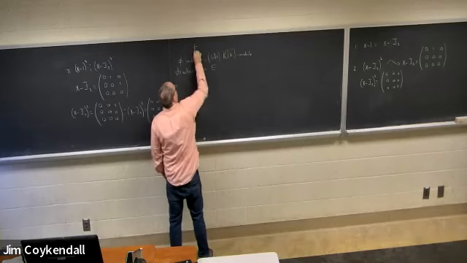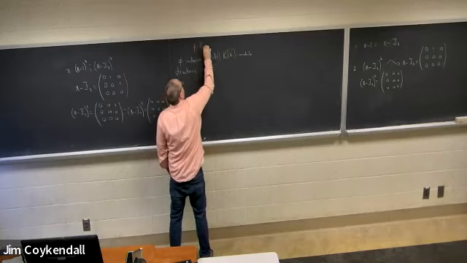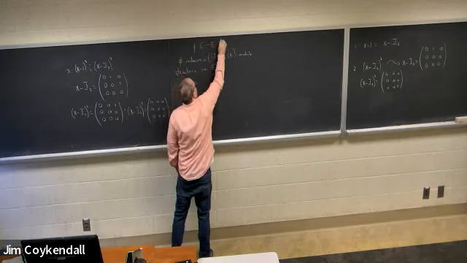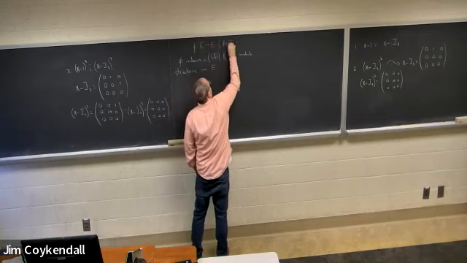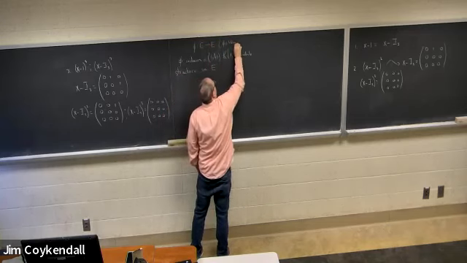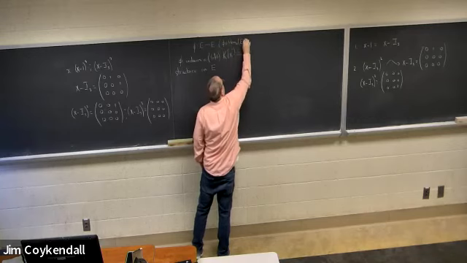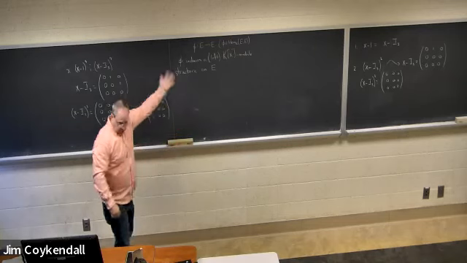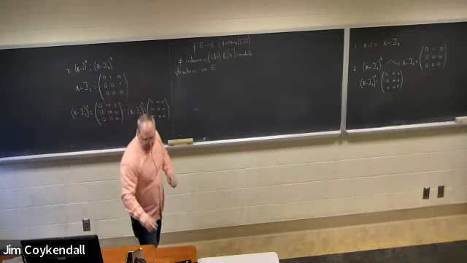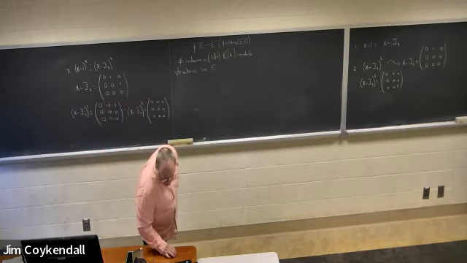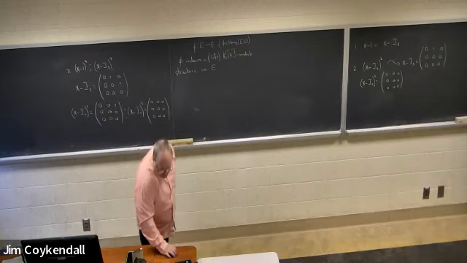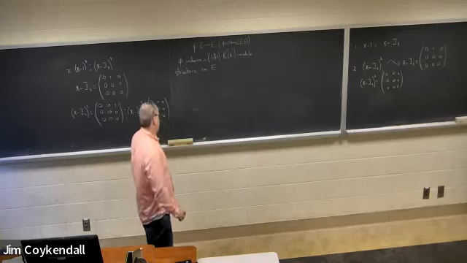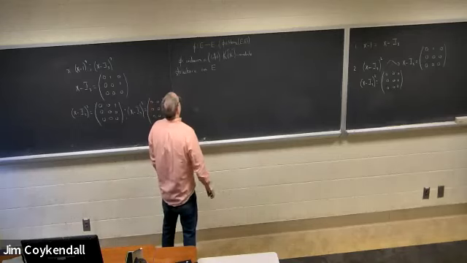Well, let me remind you, phi is in Hom_K(E, E). That's a fancy way of writing that phi is just a linear transformation. That's it. So I claim that this induces an R-module structure on E. Well, let me see here.